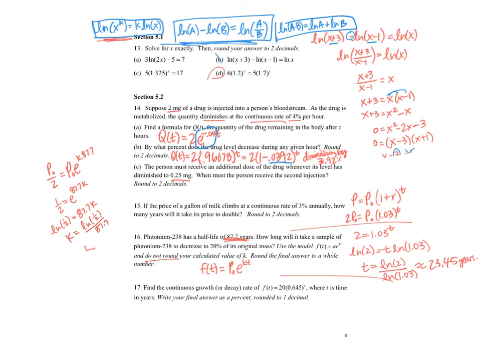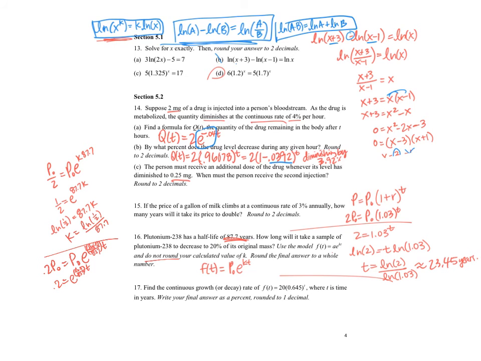And now I want to find the amount when 20% is left. So 0.2 times P naught, so 20% of P naught, is equal to P naught e to the kt. So the k is natural log of 0.5 divided by 87.7. Then I can divide by P naught, so I get 0.2 equals e to the kt, where k is natural log of 0.5 over 87.7.